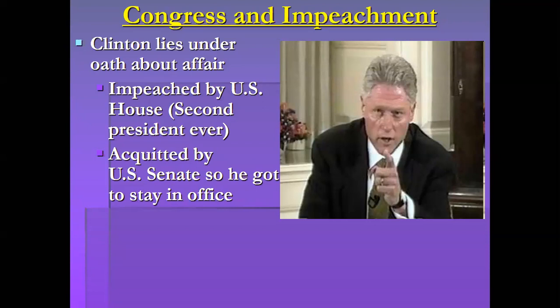His defense was basically he did not classify what they did as having sex. So he's impeached, but he is not removed from office. The Senate does not remove him from office.